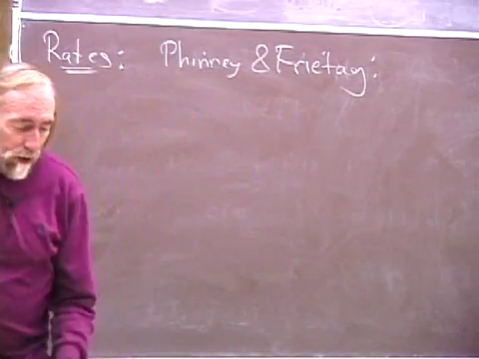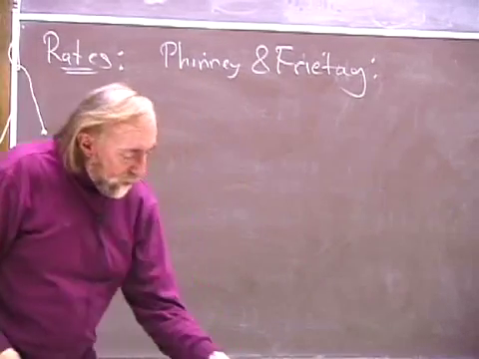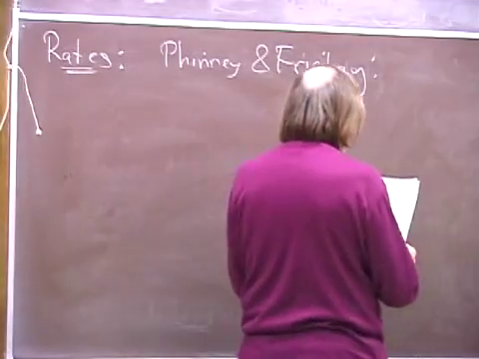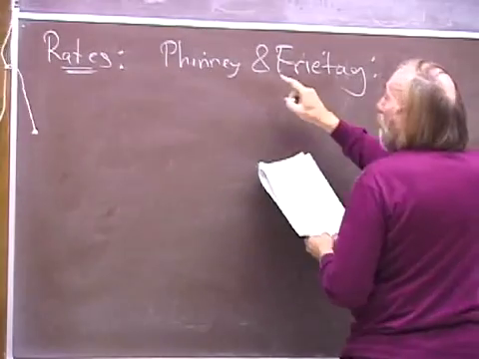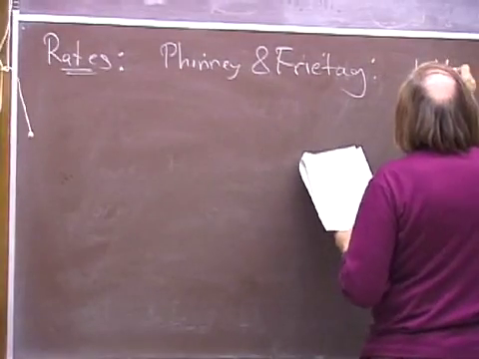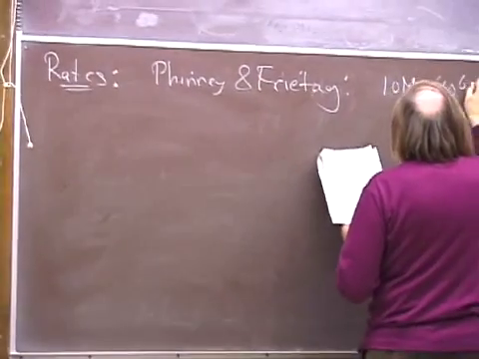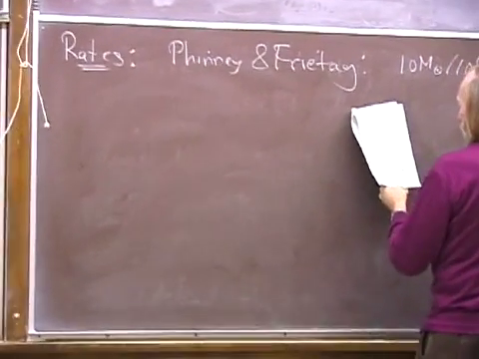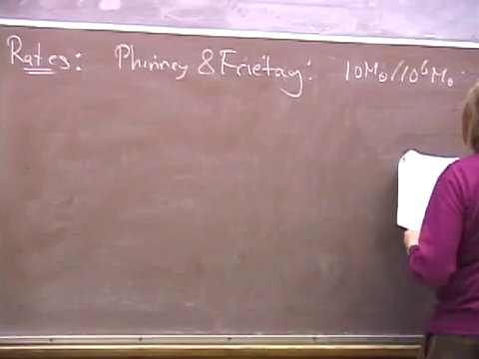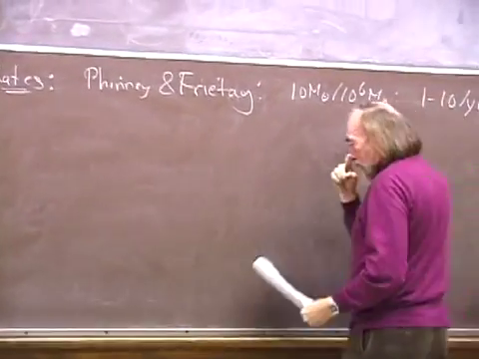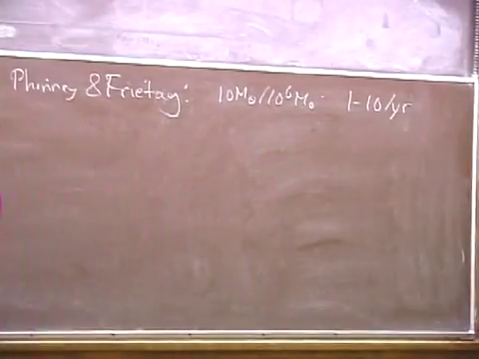They will give us, for the case of 10 solar masses going into 10 to the 6 solar masses, an event rate of 1 to 10 per year, which is very nice. So we feel good.